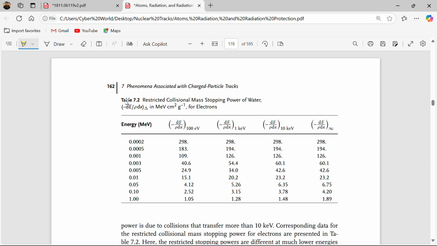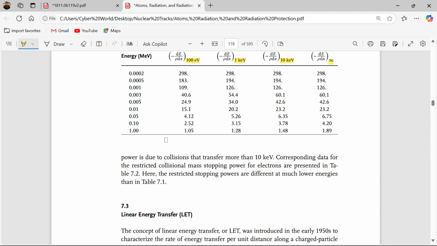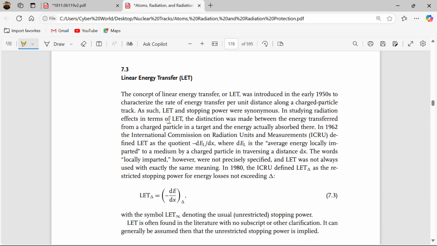This is table 7.2 for the restricted collisional mass stopping power of water, with the same procedure for 100 eV, 1 keV, 10 keV, and infinite range. Understood?